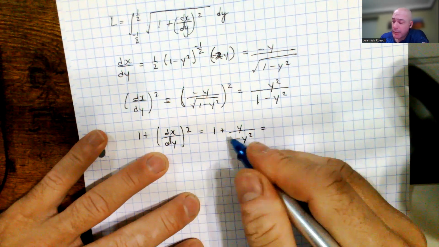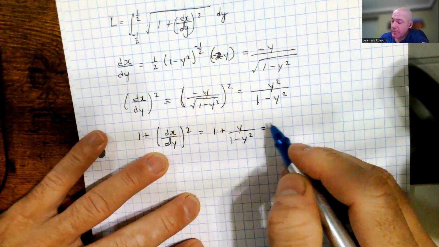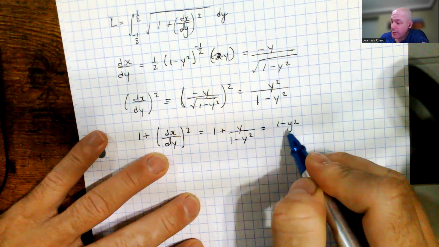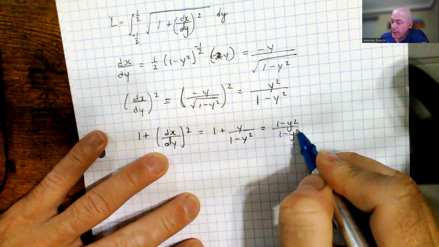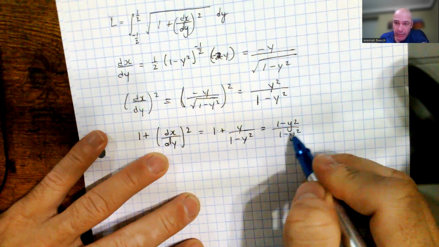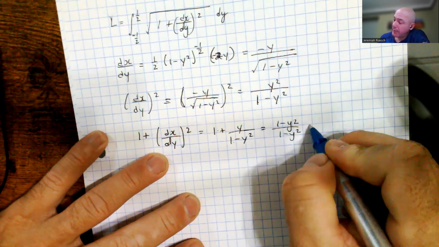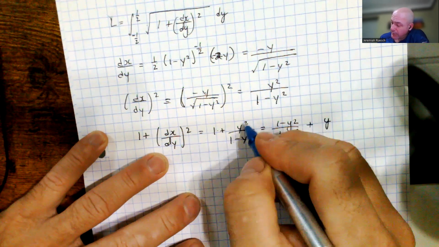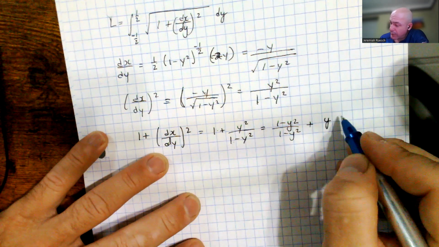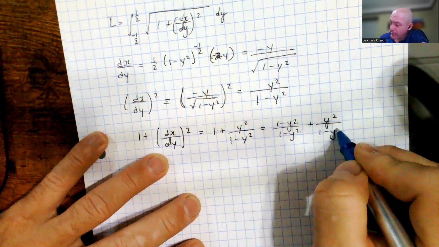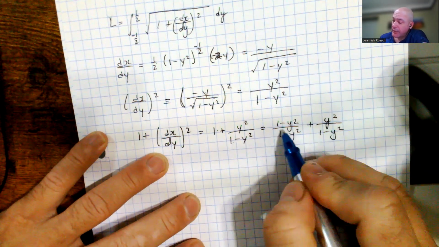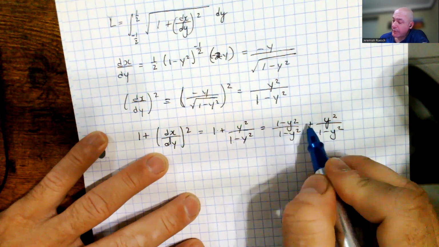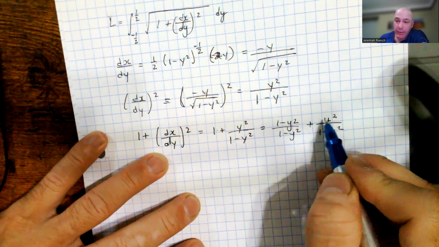Getting a common denominator, this 1 is going to be multiplied top and bottom by 1 minus y squared over 1 minus y squared. Okay, so now I have a common denominator. Notice that we have a 1 minus y squared plus y squared, so those y squareds are actually going to cancel out.